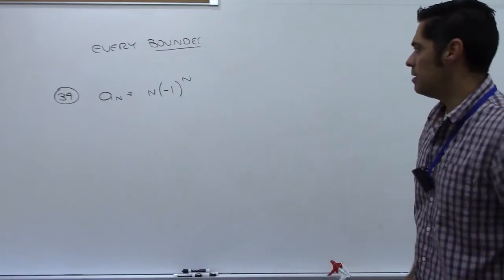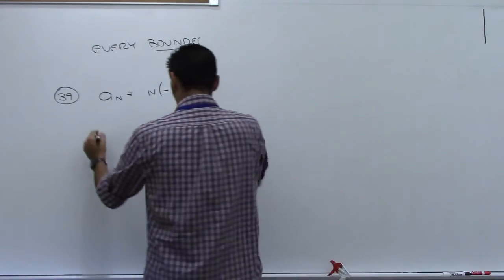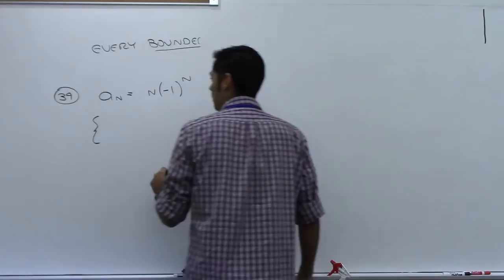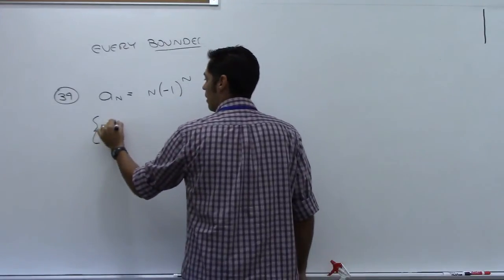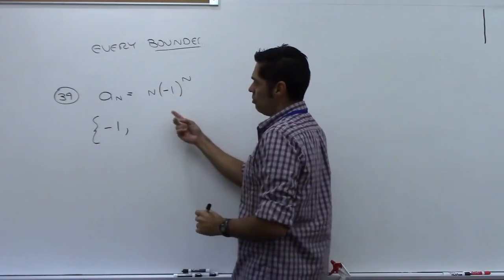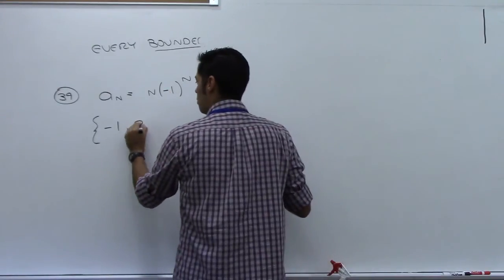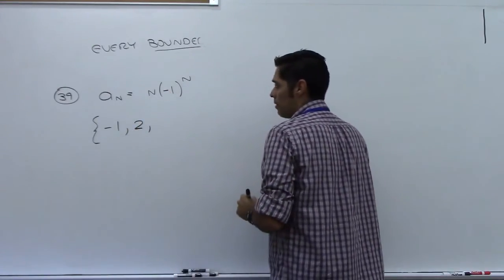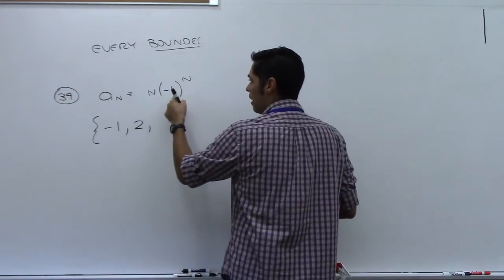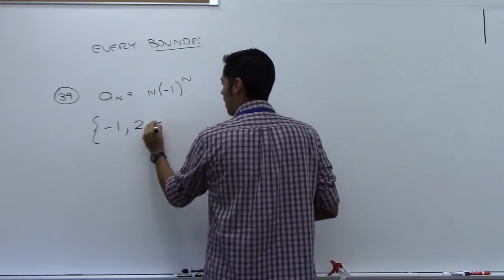All right, let's try and get an idea of what's happening here. If I write some things down here. If I plug in 1, I get negative 1. If I plug in 2, negative 1 squared is positive 1, so I get 2. And then if I plug in 3, I get 3, but then negative 1 cubed is negative 1, so negative 3.